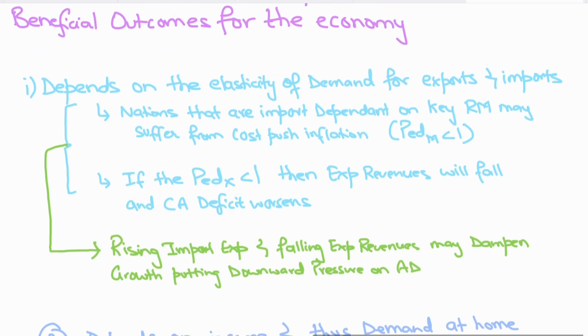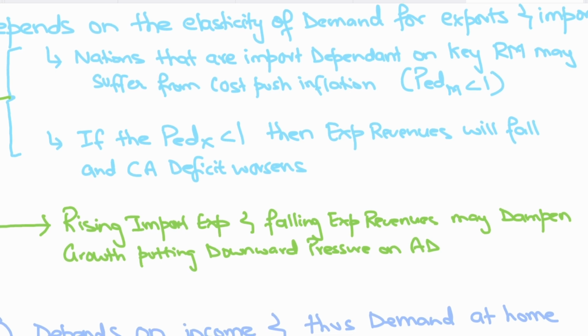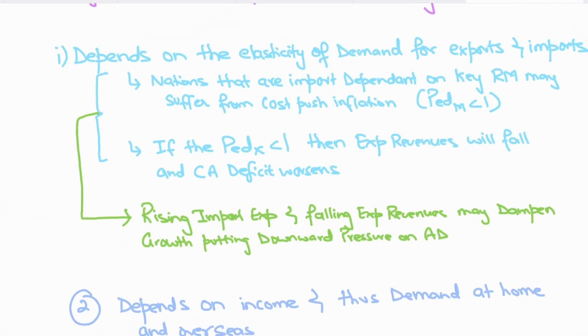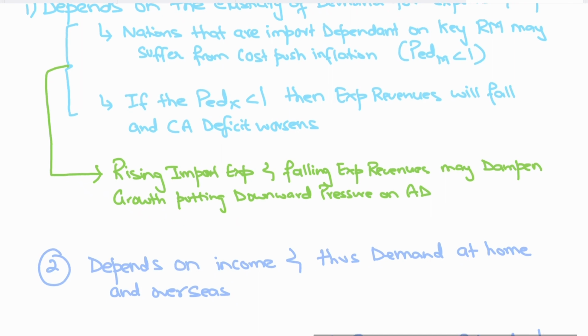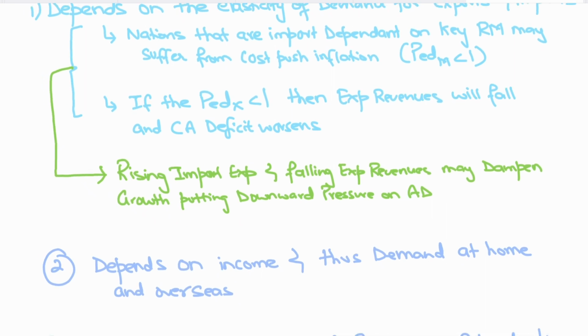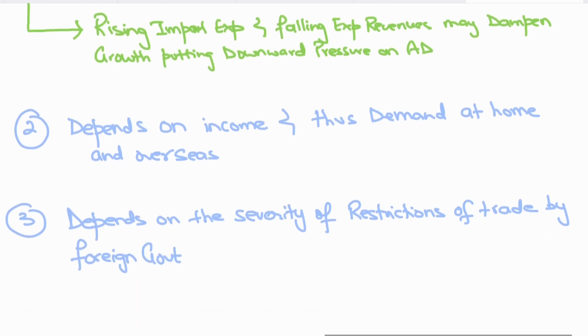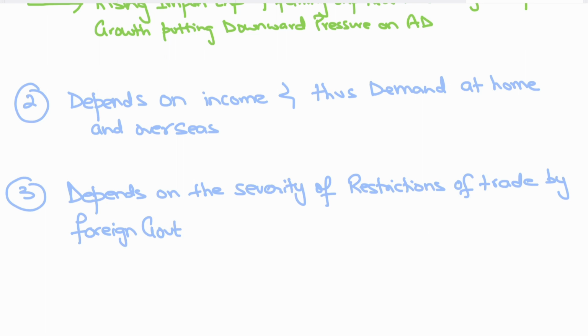And at the same time, assuming that your PED for exports is inelastic as well, in this case export revenues will fall and your current account deficit will basically worsen, right? And then another factor that would determine whether a currency depreciation would be beneficial for a country or not would depend upon the incomes and hence the demand at home and overseas.